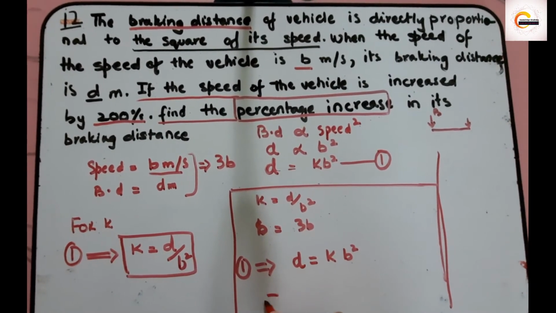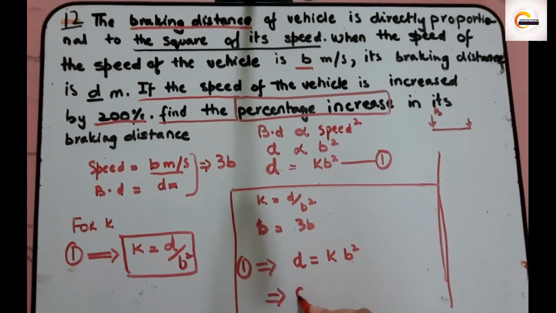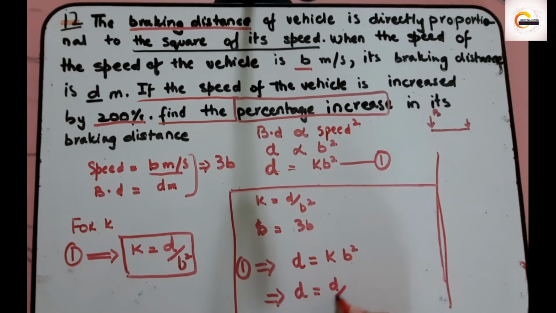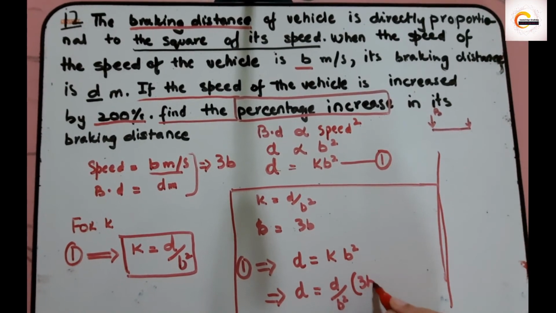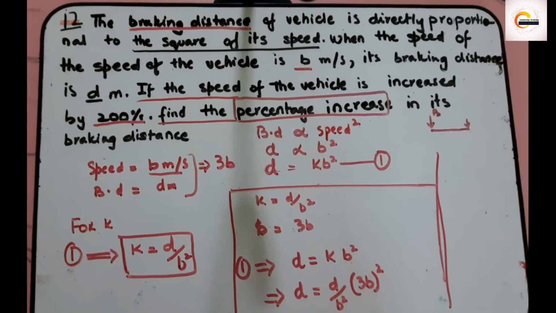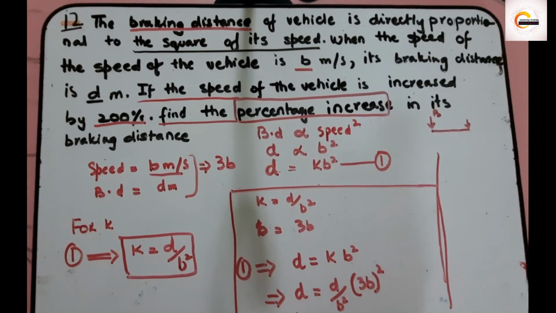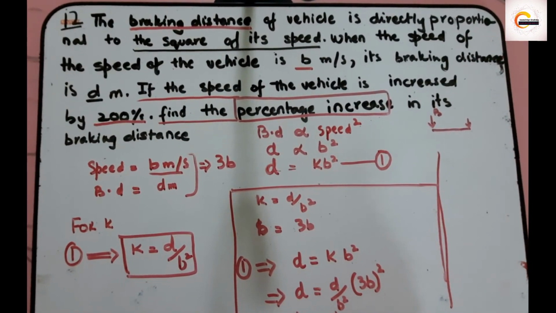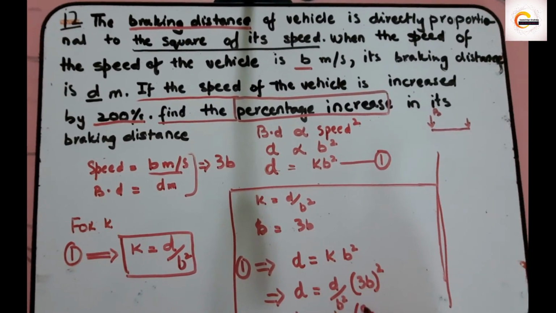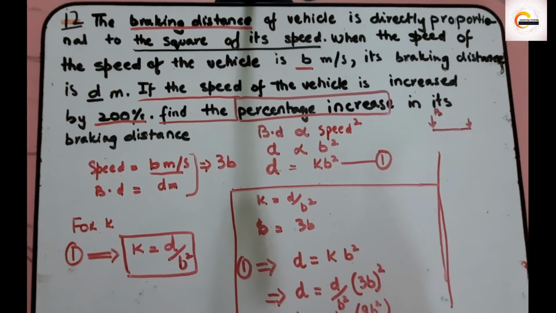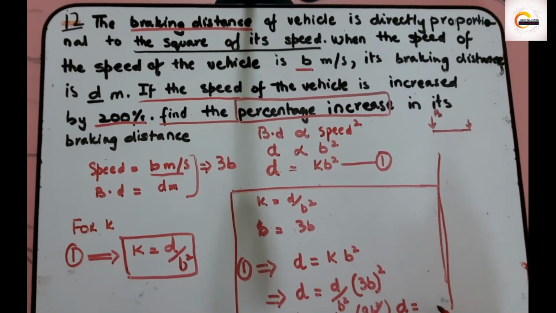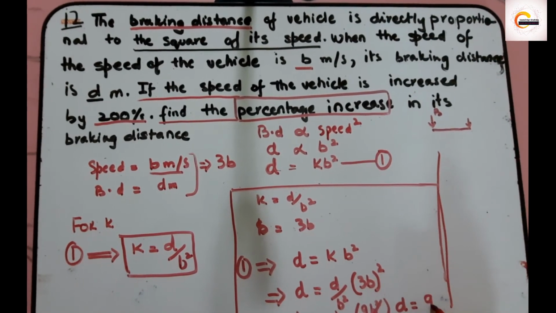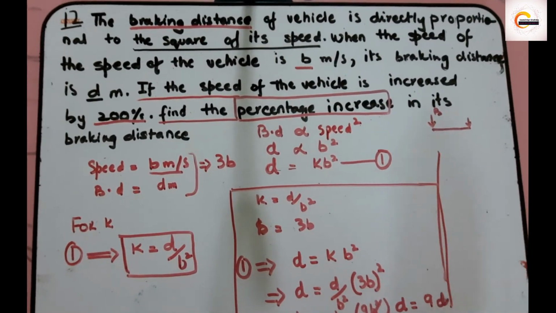Now k is d upon b square, and in place of b I'm going to write 3b whole square. D upon b square, 3 multiplied by 3 is 9b square, b square cancels, and it's going to be d is equal to 9d.